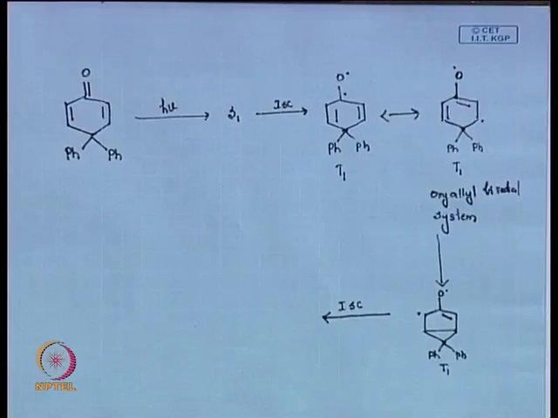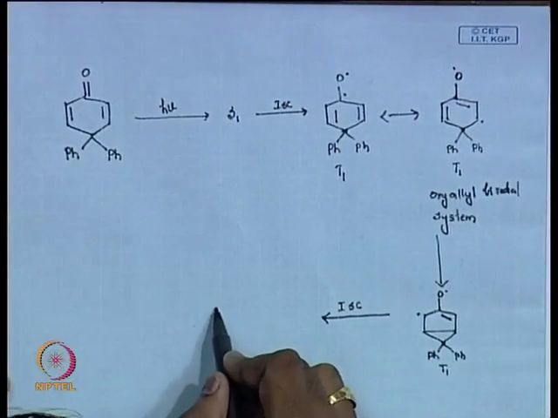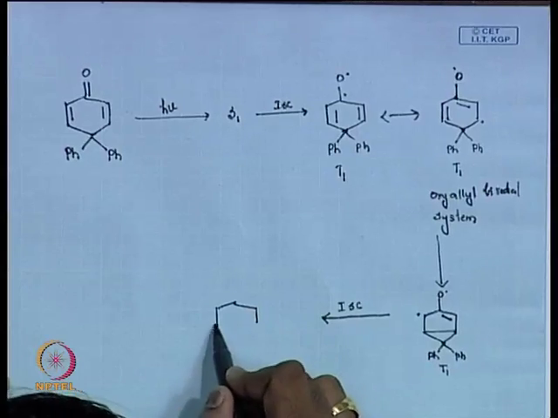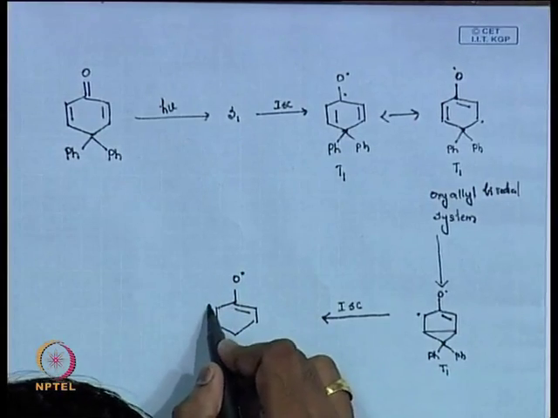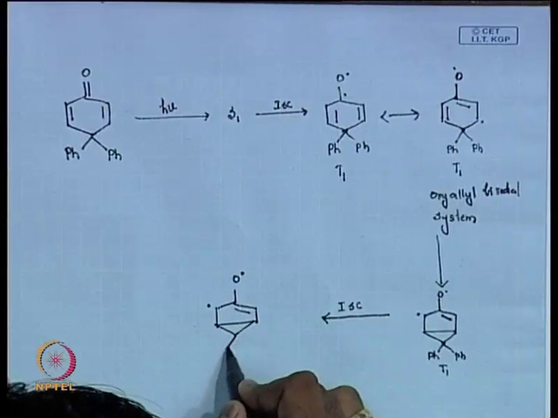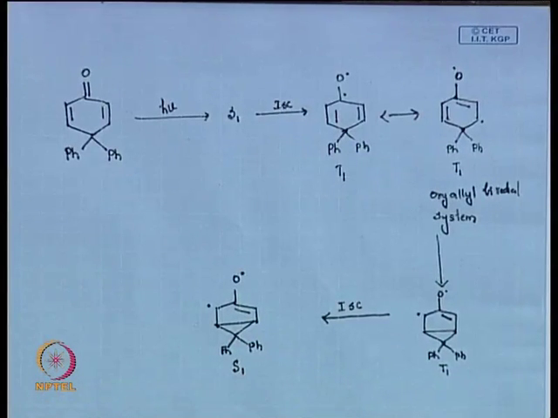This is a rare case where a molecule moves from triplet to singlet. You can ask why. In the next step we will see why it is moving from triplet to singlet. Singlet.